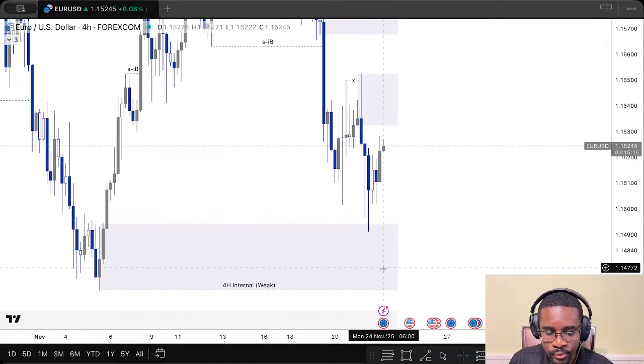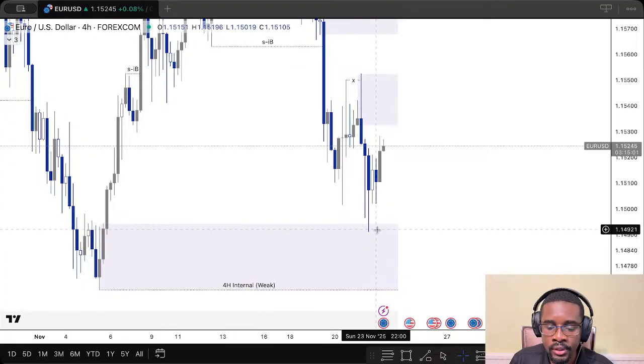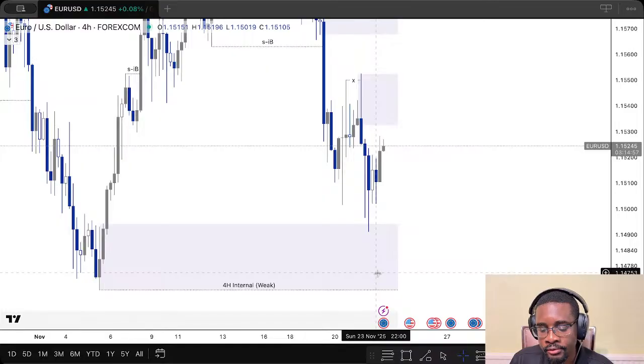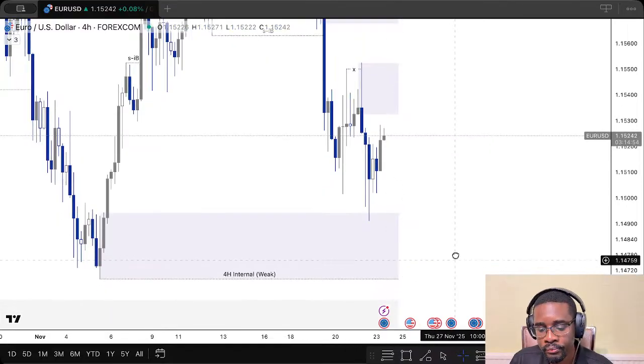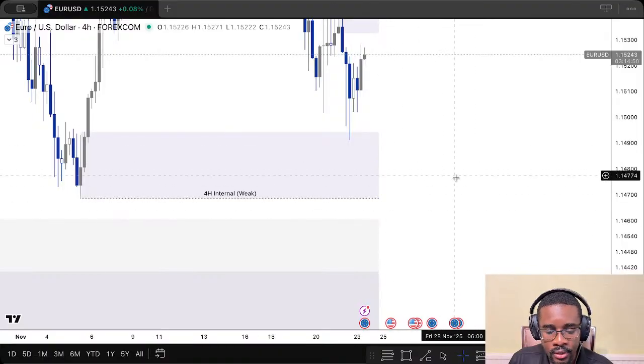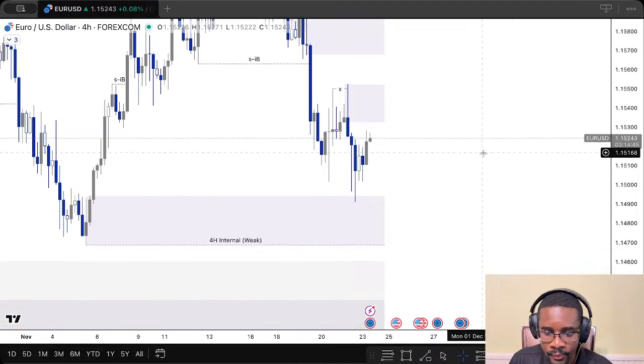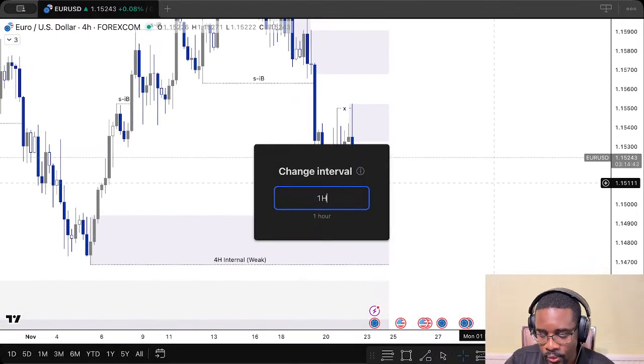This has already been mitigated, so we expect that if price should drop again, orders which were in this demand have been filled at this point, and with those orders being filled, we expect there's few to no orders left, so expect price to run over, to just push through this weak demand.